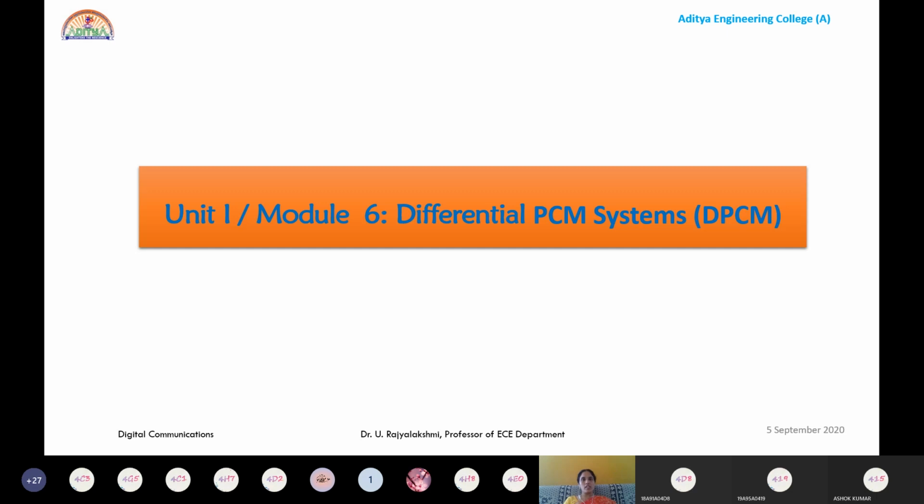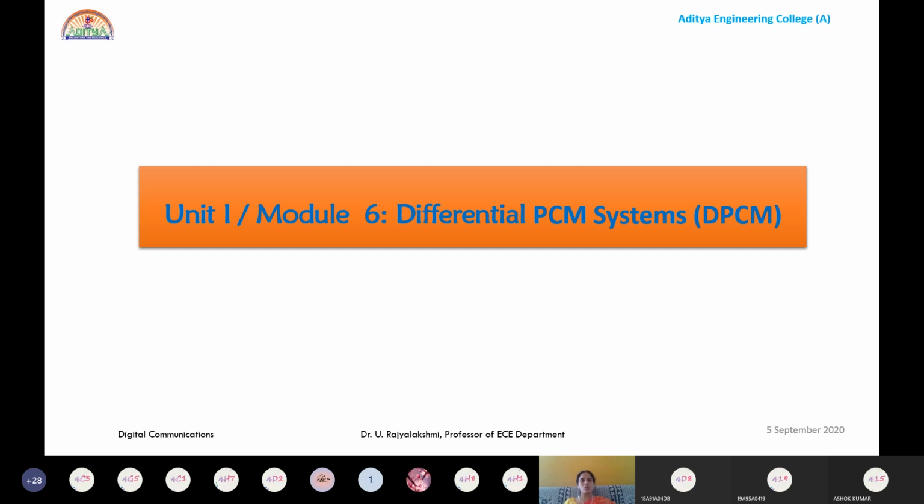The expander will attenuate the low magnitude and amplify the high magnitude input signal. So the compressor at the transmitter and the expander at the receiver can maintain stable SNR for the PCM system.